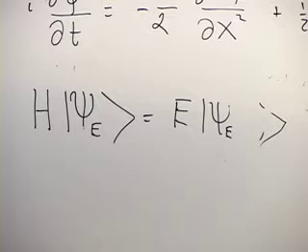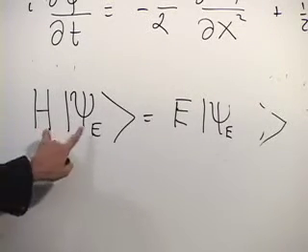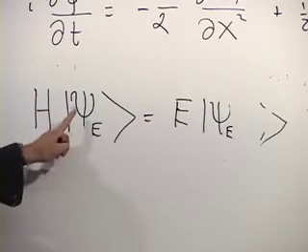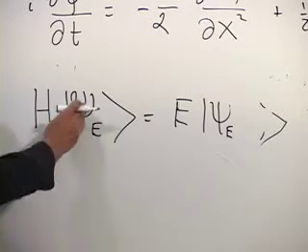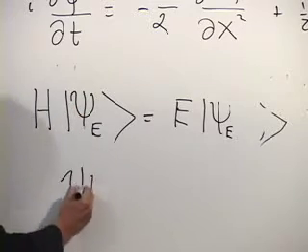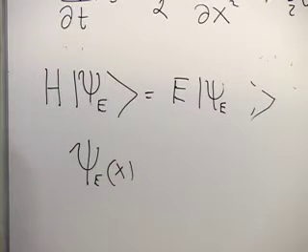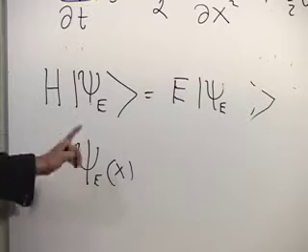Now, this equation does two things. It solves or it doesn't solve, but it defines an equation for the wave function psi e of x. It gives you an equation for that, but it also tells you what the possible energies are.